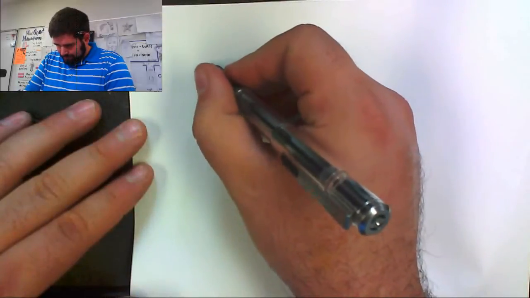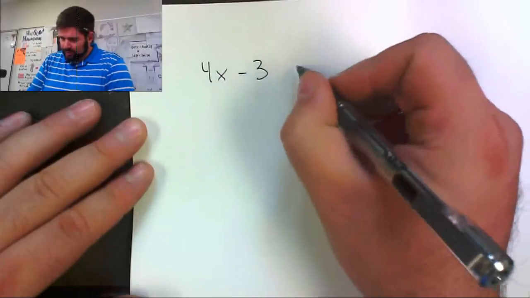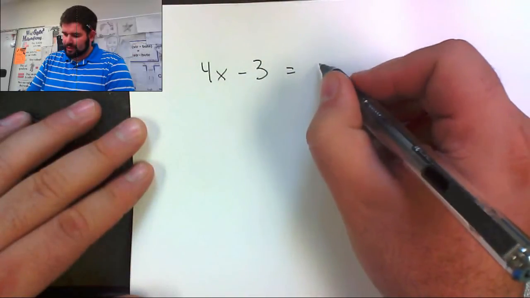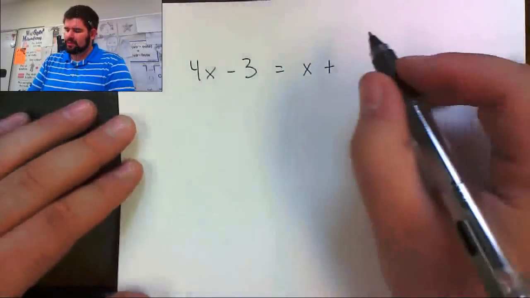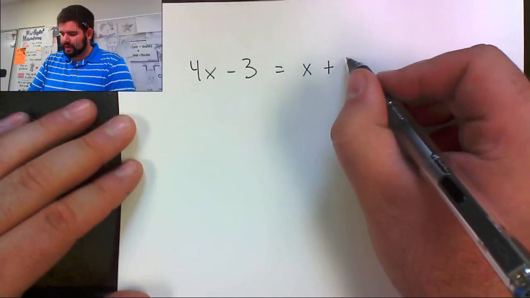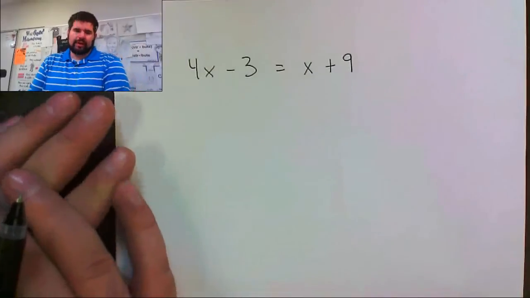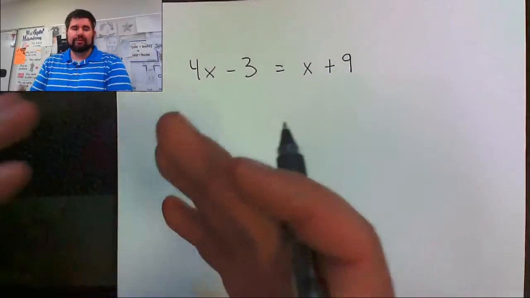So we got 4x minus 3 is equal to x plus 9.